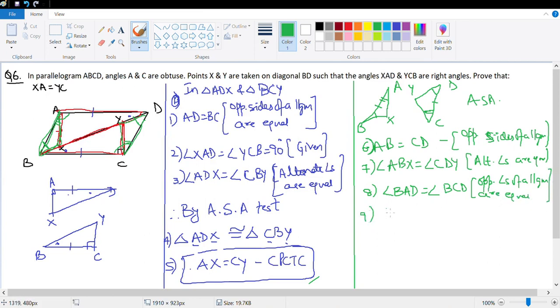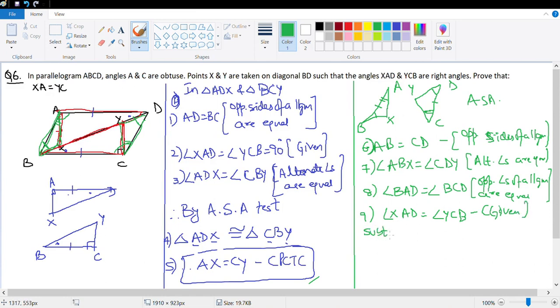Number 9, angle XAD is equal to angle YCB. This is given. So subtract 8 from 9.